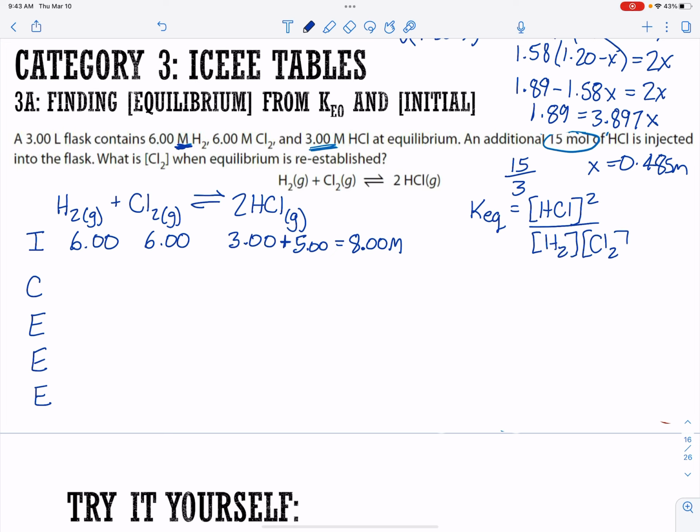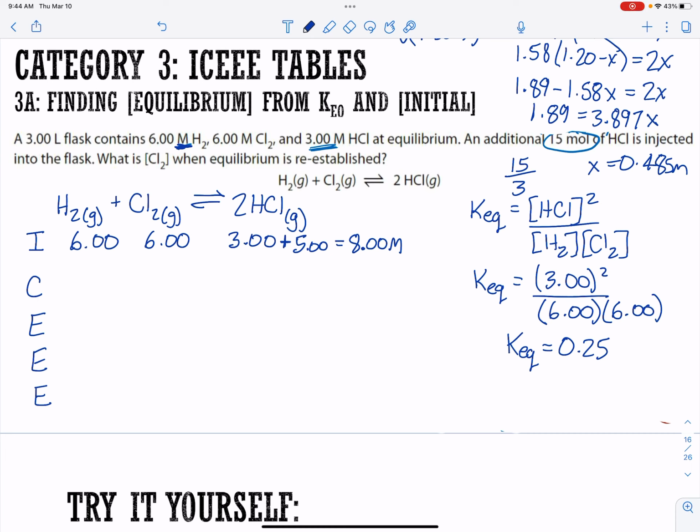And this system was at equilibrium before we added that additional 15 moles of hydrochloric acid. So I get a Keq value of 0.25.